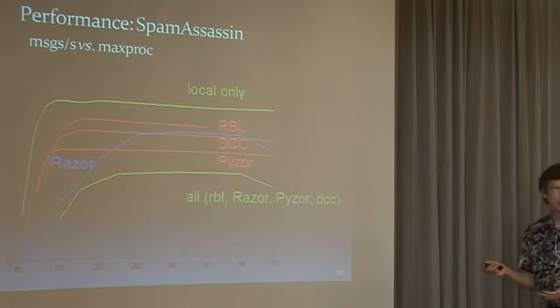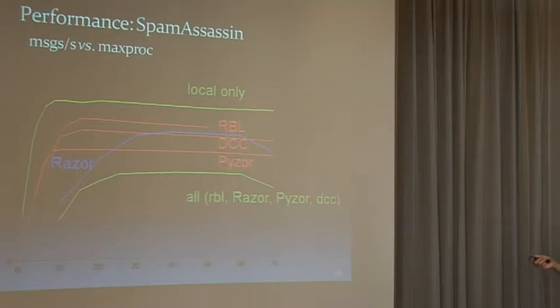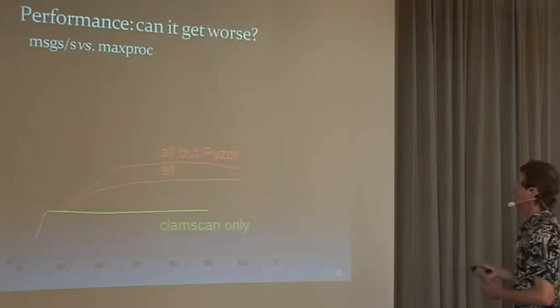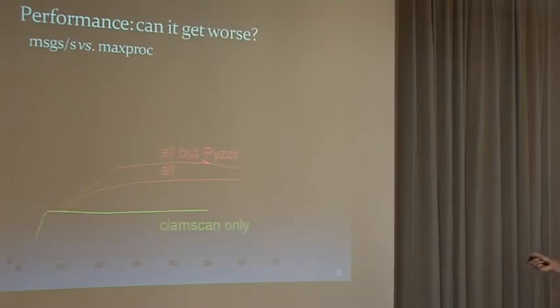So each site gets a different figure. Perhaps worth mentioning is that the Pfizer plugin is one of the heaviest on the CPU, so if you can drop it, the performance goes noticeably up.